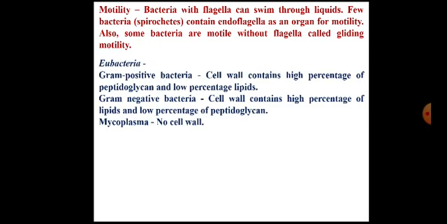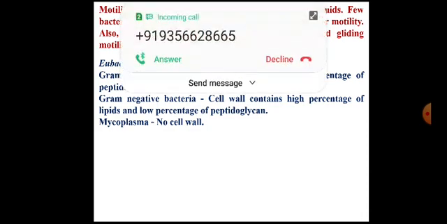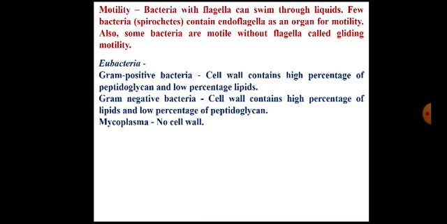Now, the class of eubacteria. Eubacteria are the class of bacteria that grow under natural, general environmental conditions. These general environmental conditions are whatever environmental conditions we are currently experiencing.